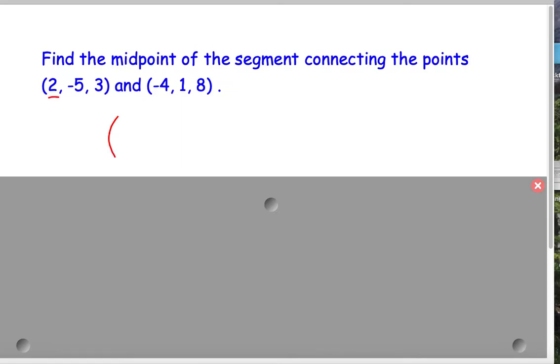I'm going to look at my x coordinates, 2 and negative 4. Let's average those. 2 plus negative 4 divided by 2. Then let's do the y coordinates. Negative 5 plus 1 divided by 2. And finally your z coordinates, 3 and 8. 3 plus 8 divided by 2.